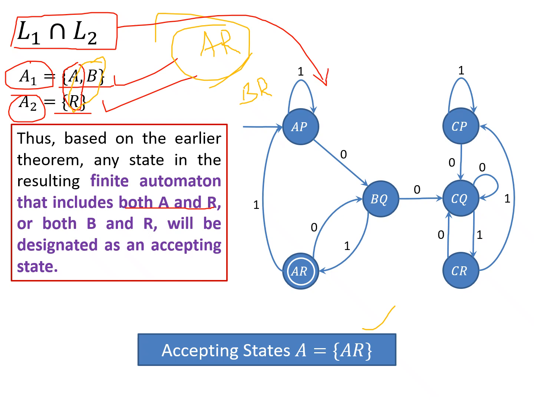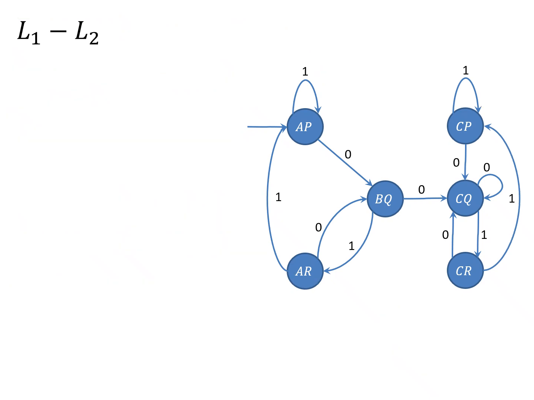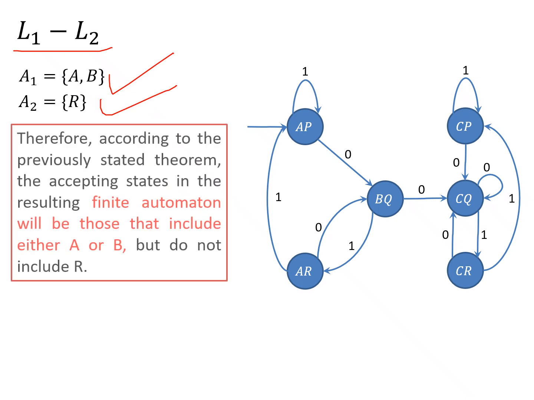I hope you understand this concept. Only one is left out, that is L1 minus L2. So for L1 minus L2, which are the final states? As per the theorem, again, these are the two final states for M1 and M2. According to the theorem statement, accepting states in the resulting finite automata will be those that include either A or B, but do not include R. Either A or B will be there in the state, but it should not include R. So let us see which are these.